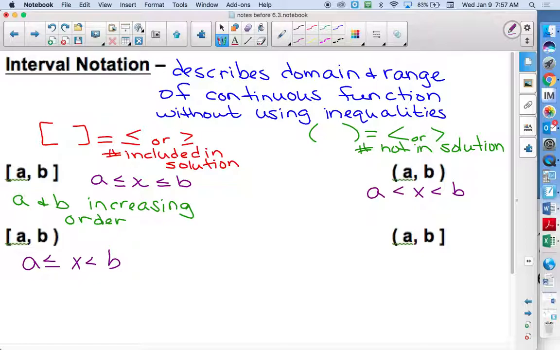But again, we're taking out those inequalities, and now we're just focusing on brackets versus parentheses. So then the last one would be the flip. If the parenthesis is around the A, that means A isn't part of the answer, it's not included. But B is. And we'll look at options so that you can see all 4 of these and what they look like in a graph.